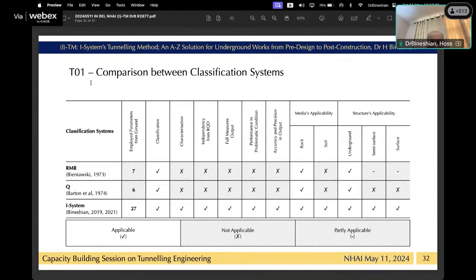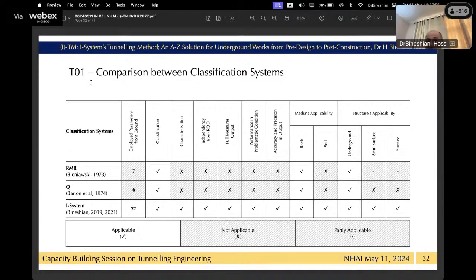Classification: RMR, Q, and I system are all classification systems, but RMR and Q are not characterization systems. I system is a characterization system also. Independency from RQD: the reason RMR and Q are not successful partly belongs to being dependent on RQD, but I system does not use RQD.